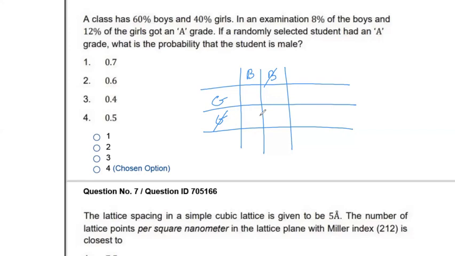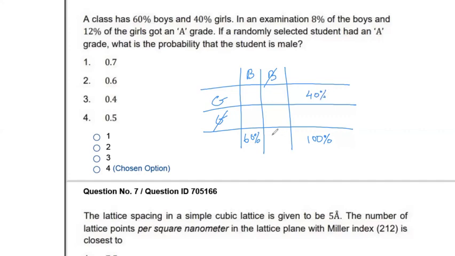Okay. So a class had 60% boys, yeah, and 40% girls. So if I use this as 100%, then in that case, 60% boys will be here like that, and 40% girls would be coming here like this.